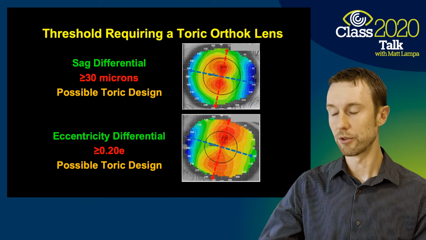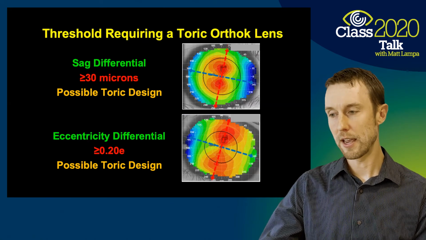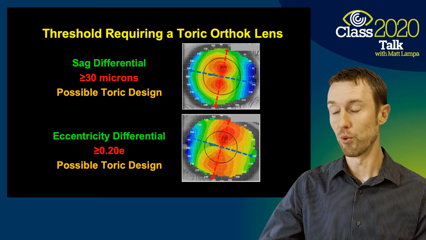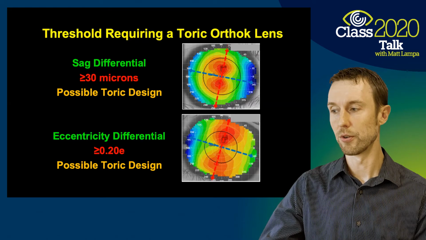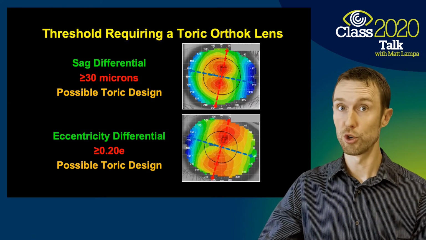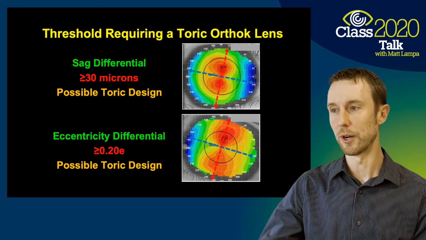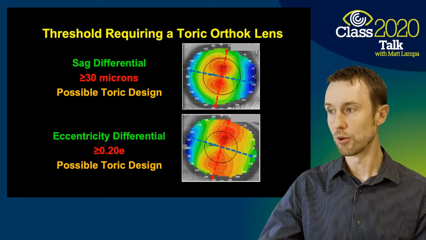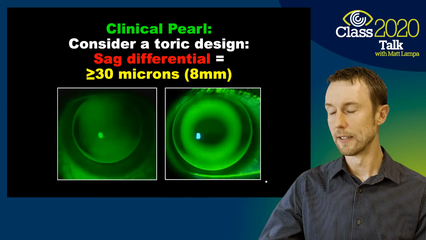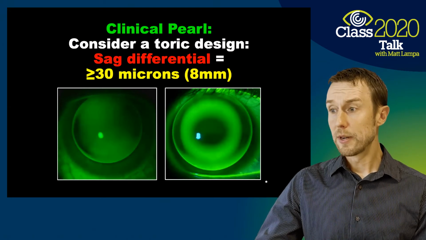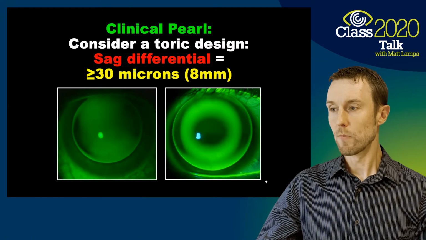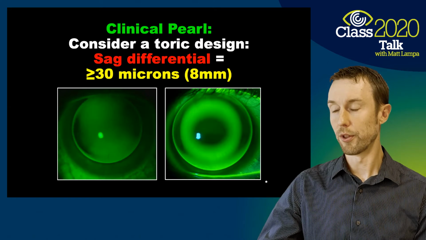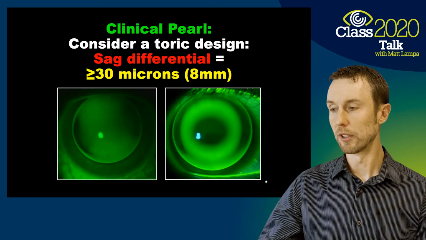What about eccentricity? Well, if we're greater than or equal to 0.2 eccentricity differential in comparing those two primary meridians, that's a point at which we're probably going to want to think about a toric orthokeratology lens design. So here we see that greater than or equal to 30 micron sag differential really put to work.